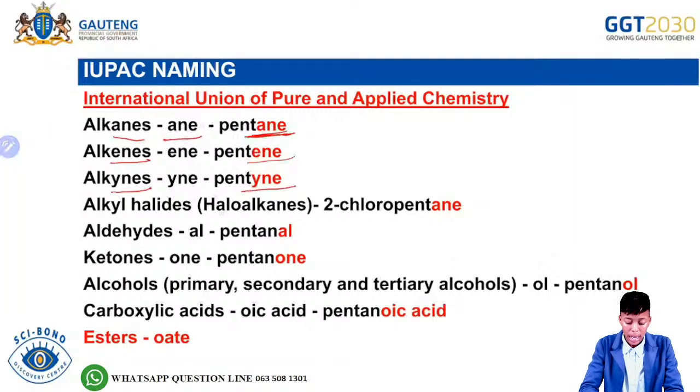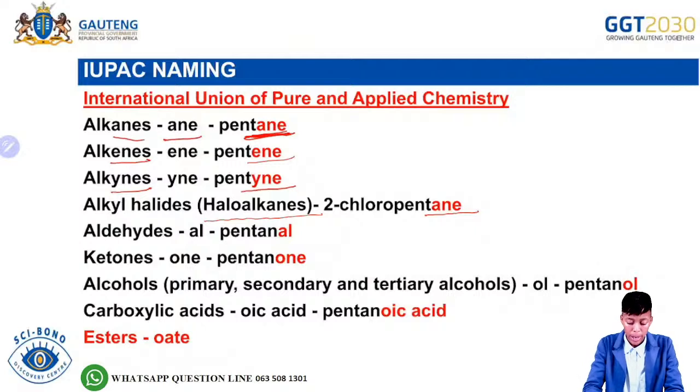Then we have alkyl halides, also called the haloalkanes. The haloalkanes have a name ending that is similar to your alkanes, so they also end with the "ane". Then we have aldehydes.